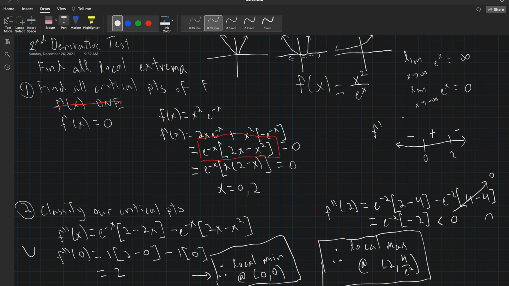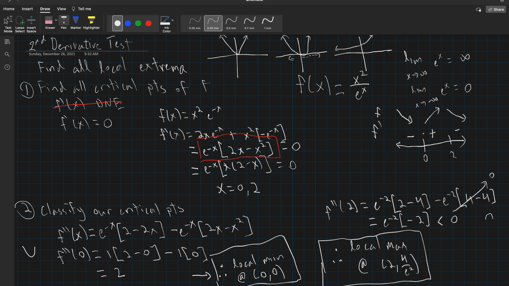Meaning our original function is decreasing and then starts increasing at 0. So if we think about f, then f is decreasing here, which means it's increasing here and decreasing here. So ultimately, our first derivative test and second derivative test need to agree.